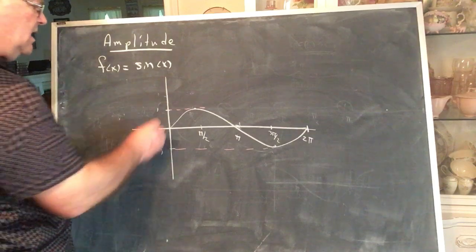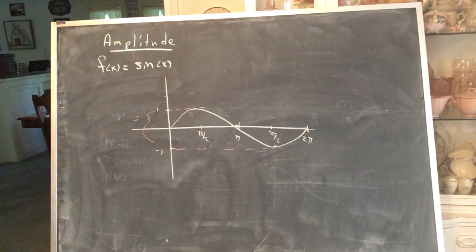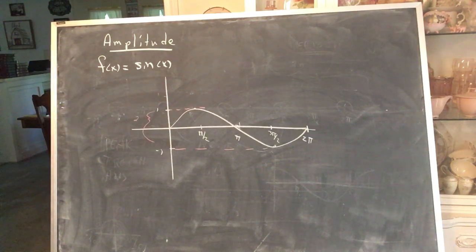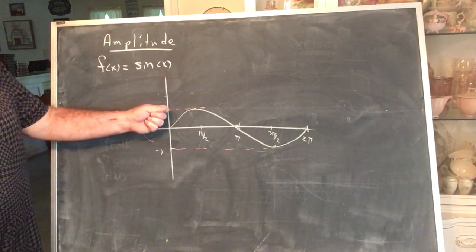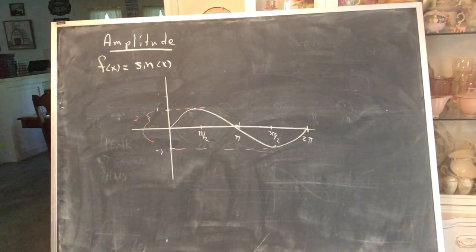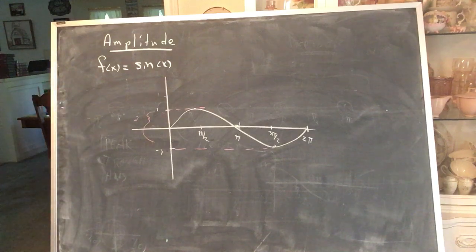in this case is at -1. That total distance is 2. The amplitude is half of that total distance. The distance between the minimum point and the maximum point, that distance is the amplitude. In the basic sine curve and the basic cosine curve, those are always fixed values.